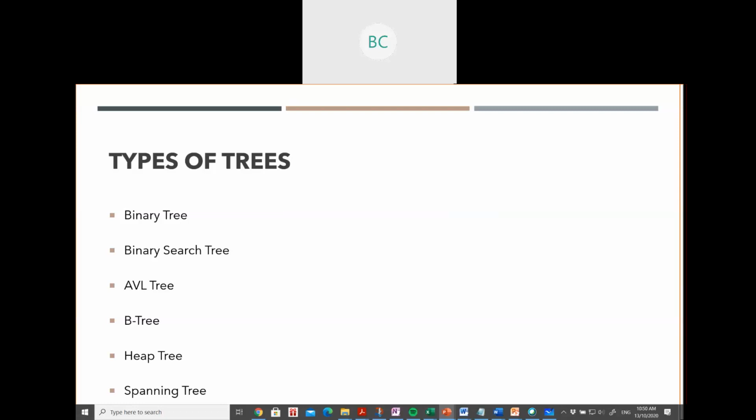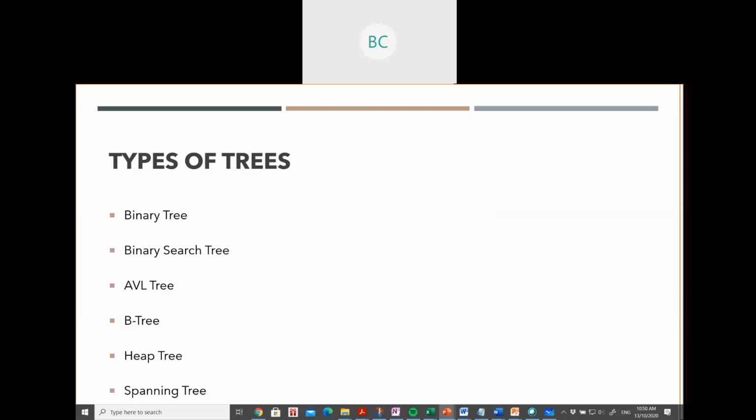Correct? That means array, linked list, stack, queue are all linear data structures, and tree is a non-linear data structure. That means we can jump from one node to another. So searching takes less time than in linear data structures. That's the main advantage of the tree data structure. Is it okay?